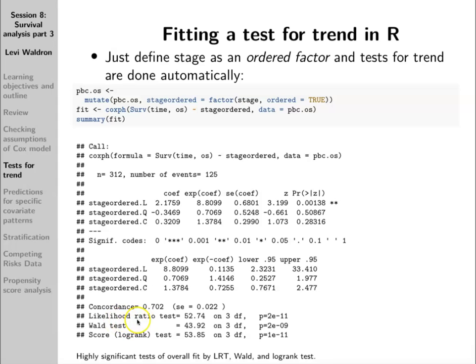The overall likelihood ratio test and the logrank tests are very significant, so we've confirmed what we saw with our eyes, that there does appear to be a significant trend and not something that is likely to have happened by chance.